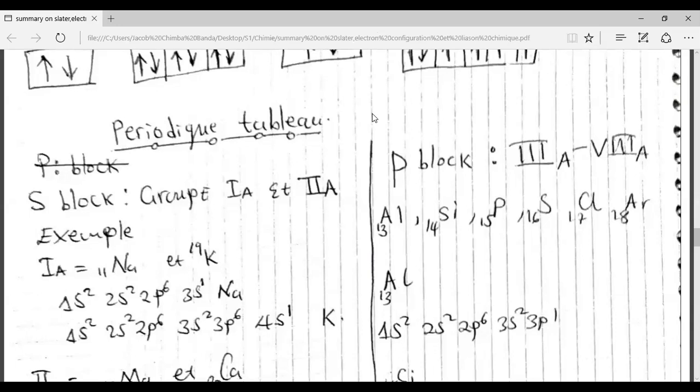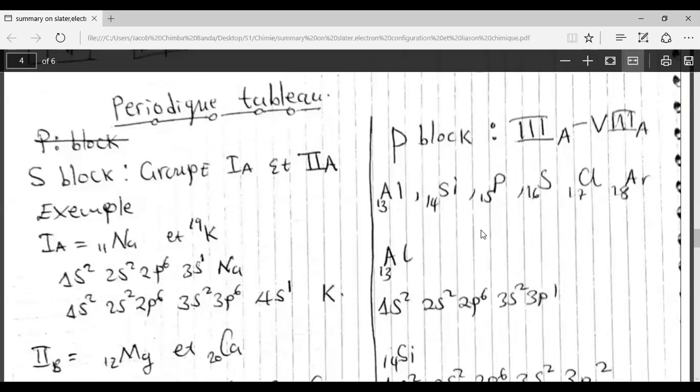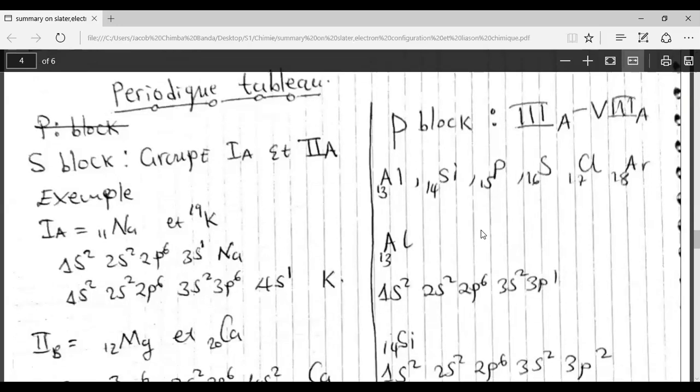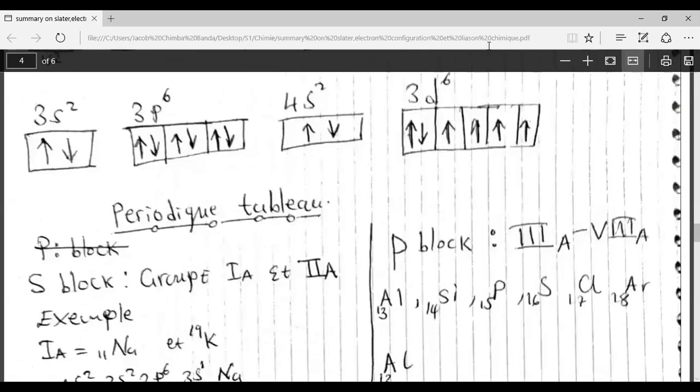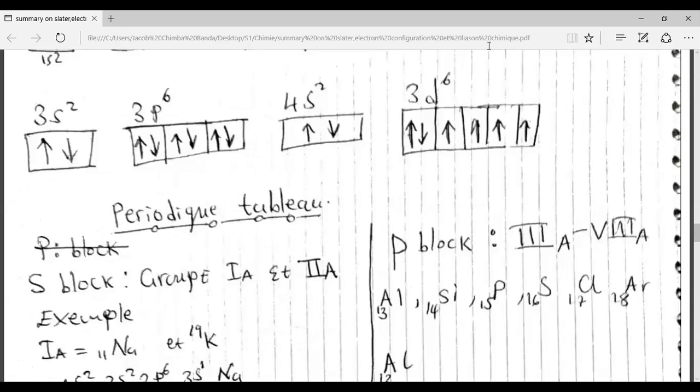There's what we call an S block, there's a P block, and there's an F block. So there's S, P, D, and F block. These things are very simple.